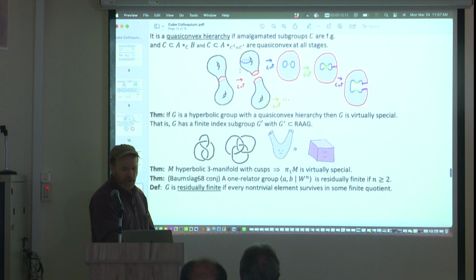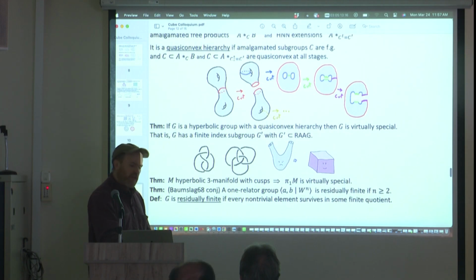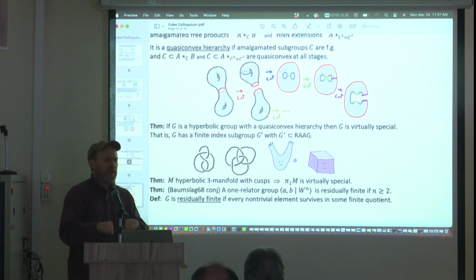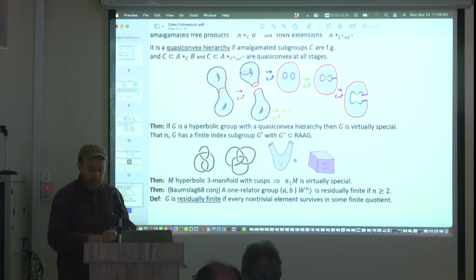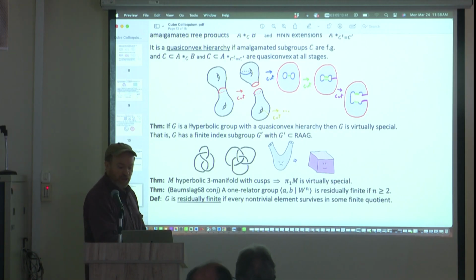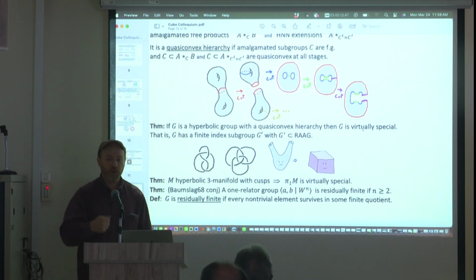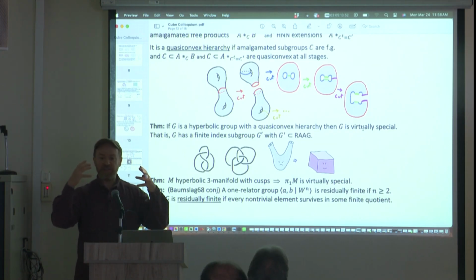I showed that if you're careful about the subgroup that you're gluing along, if you make sure that it is quasi-convex each time, and you have a hyperbolic group with such a nice hierarchy, so you can build your hyperbolic group just by using amalgamated products along quasi-convex subgroups, then your hyperbolic group is virtually special, which means that it is the fundamental group of a cube complex which has a finite covering space.